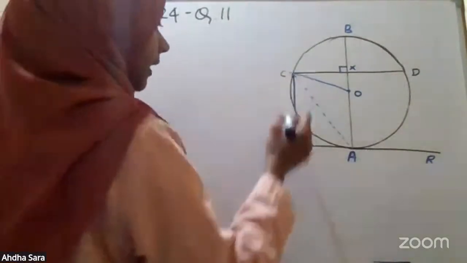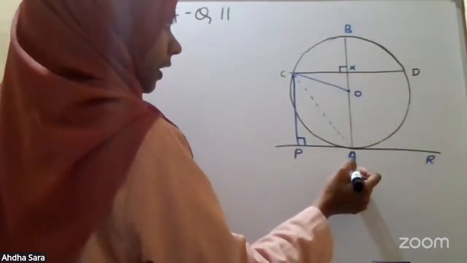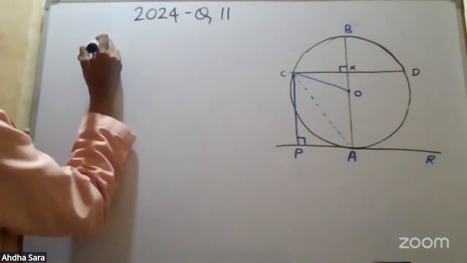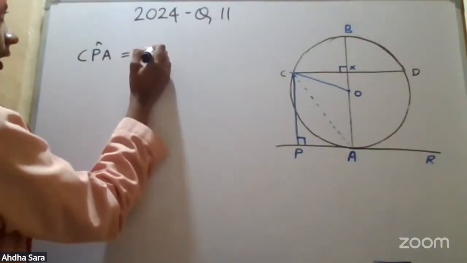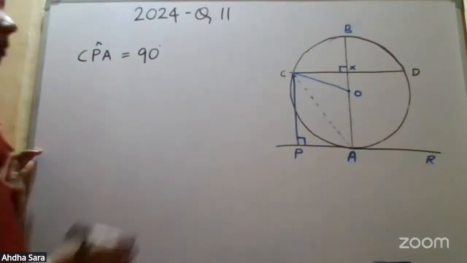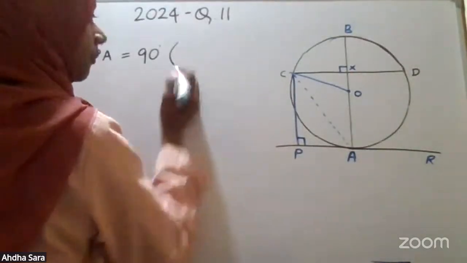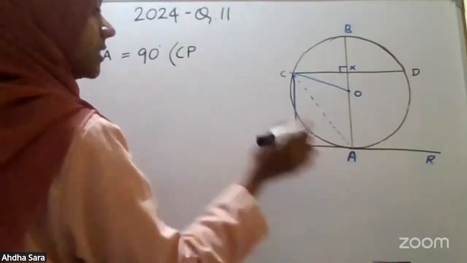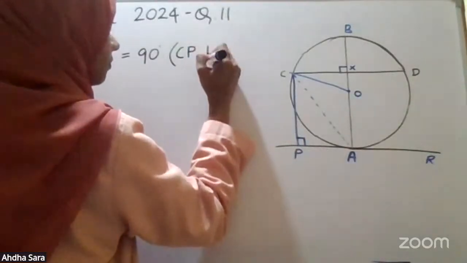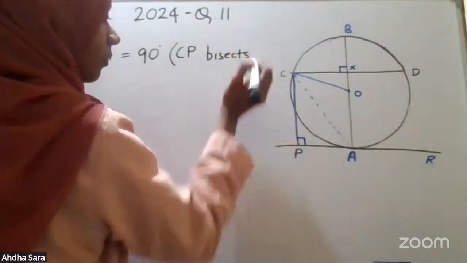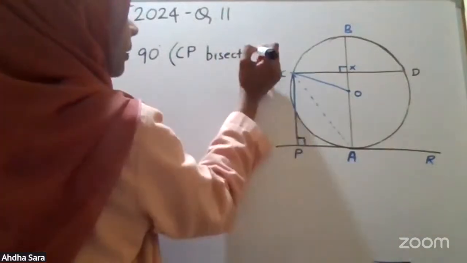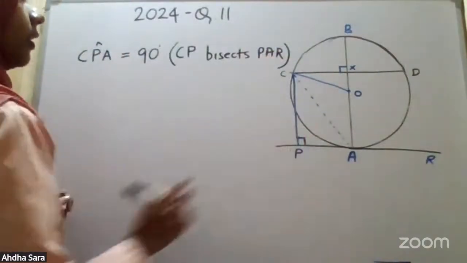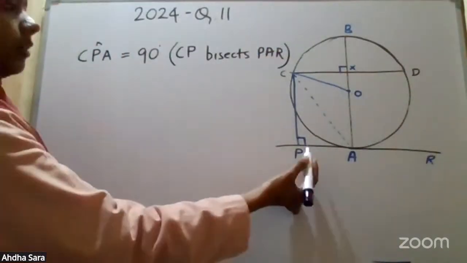So we know the angle CPA equals 90 degrees. The reason is the straight line CP is perpendicular to the tangent PAR, so you get 90 degrees here.